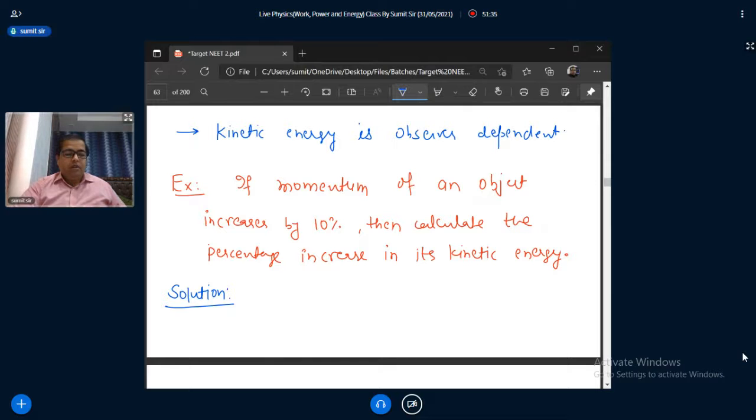Can you find this? I'm not getting it, sir. You're not getting it. Okay, use this formula, I'm giving you a hint. Use kinetic energy is equal to P square by 2M.